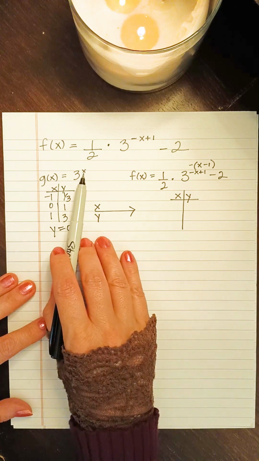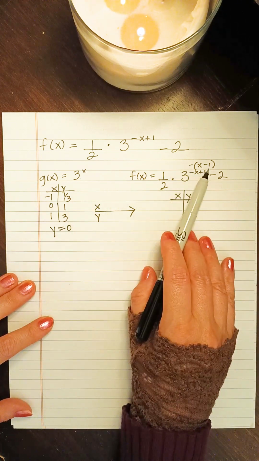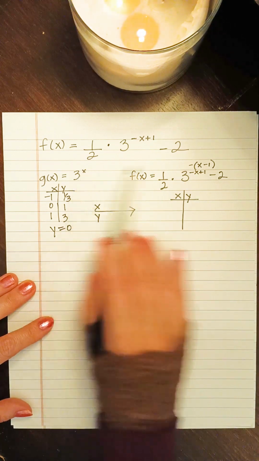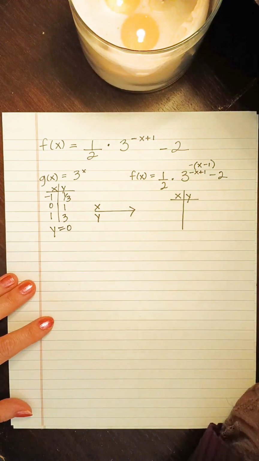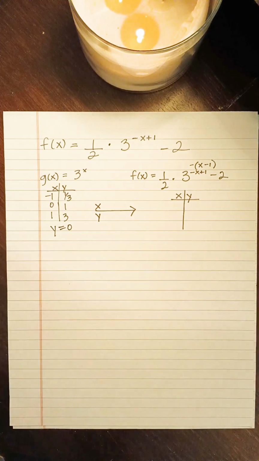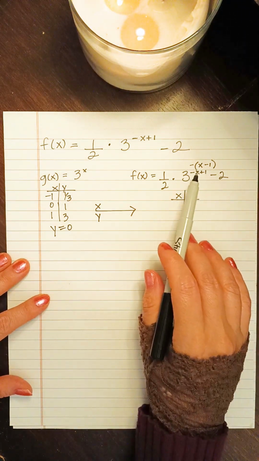So let's look at the differences in the x from the starting function to our function. From this x to this x, what happened? With the x's, you always do the opposite operations to the x's. And I'll show you why in a minute.